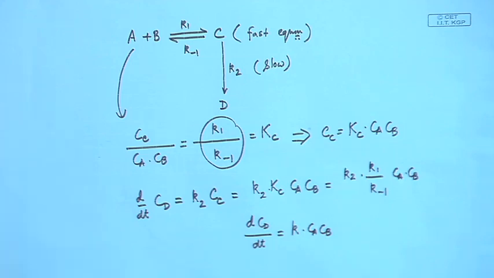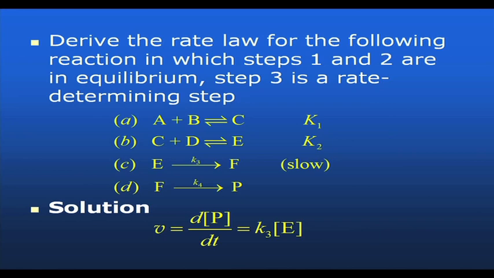Now, let us have a concrete example, another example. Let us derive the rate law for the following reaction, which has 4 elementary steps, of which steps 1 and 2 are in equilibrium.